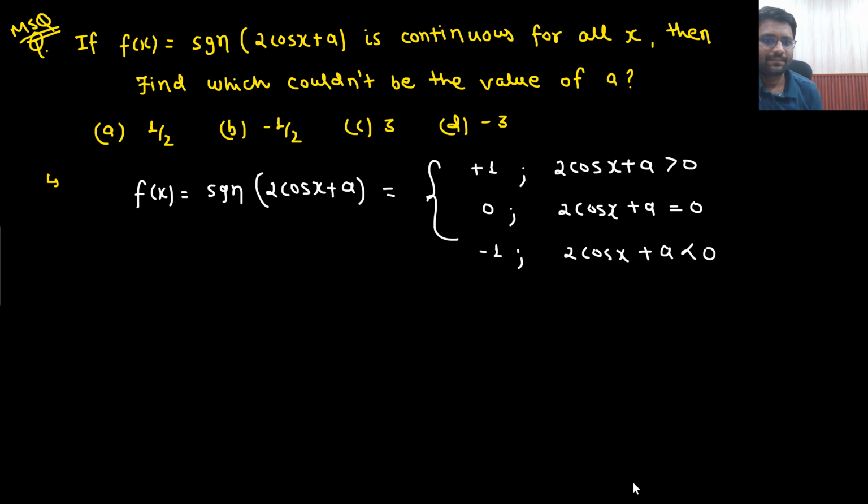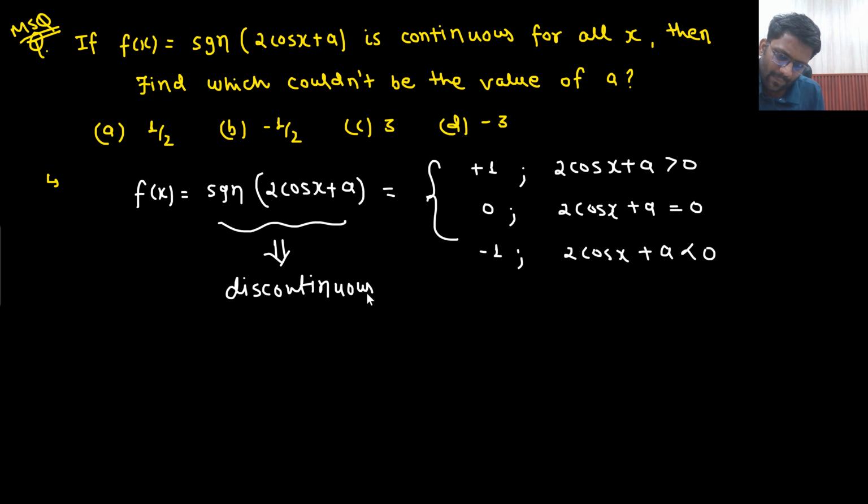Is that clear to you? Okay. And where will it be discontinuous? You can directly see it will be discontinuous when 2 cos x plus a is equal to 0.